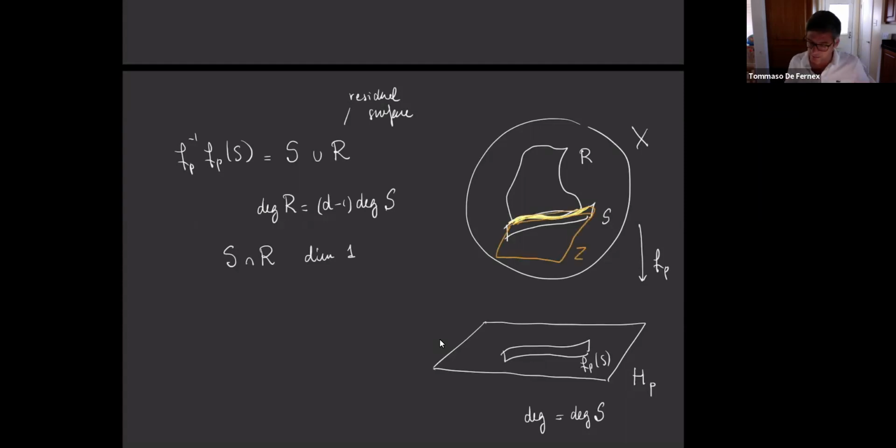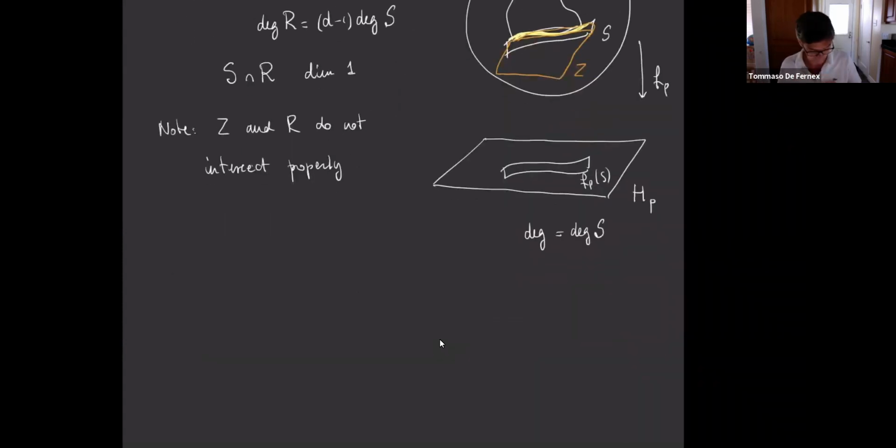But Z and R do not intersect properly yet, okay? Because they have complementary dimension, but the intersection contains a curve, so it's not a proper intersection. So I cannot make any estimate on the intersection numbers, on the multiplicities yet.